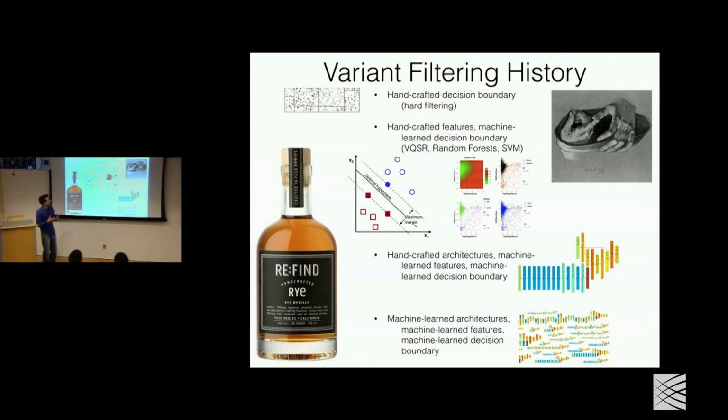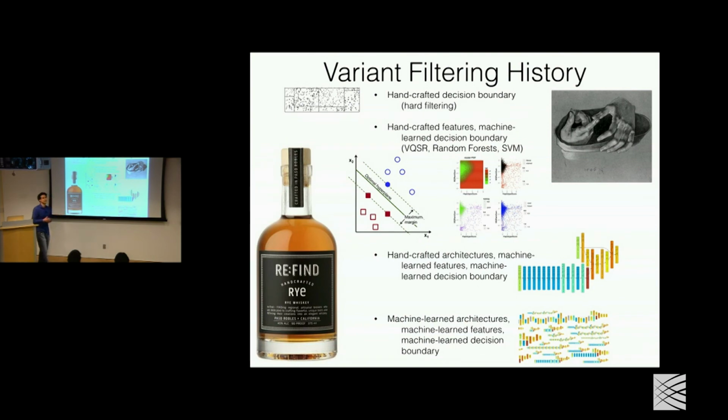The next step in handcrafting is to learn the features, machine learn the features, machine learn the decision boundary, and now we're handcrafting the architecture. So the crucial difference is we're giving much more to the algorithm to learn. Rather than deciding what the algorithm should get to see from the input data, we give the algorithm all of the input and say, you figure it out.